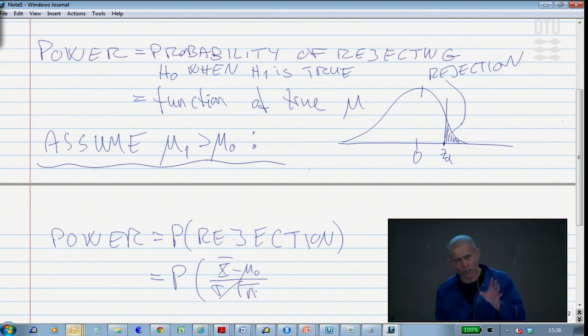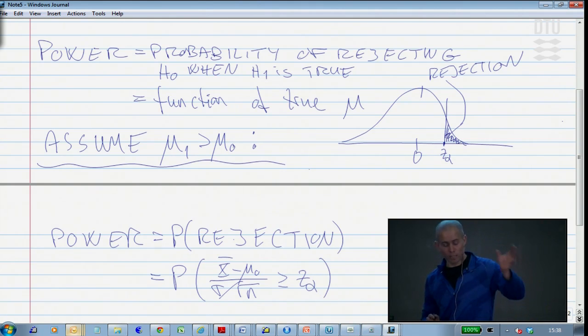We take the version with the known sigma for this consideration. If we're out here, we reject. When the test statistic is larger than the critical value, then we reject.